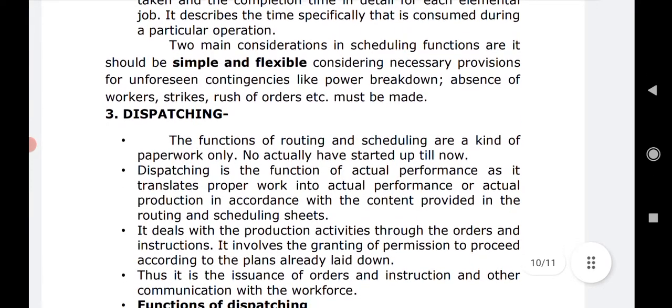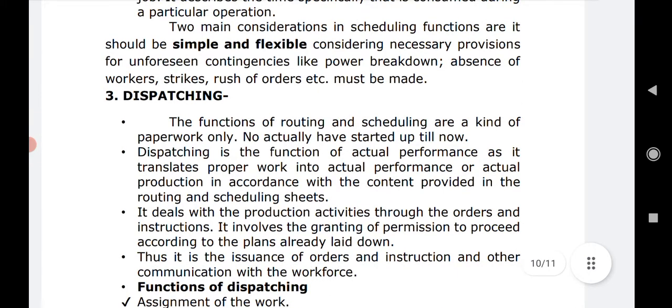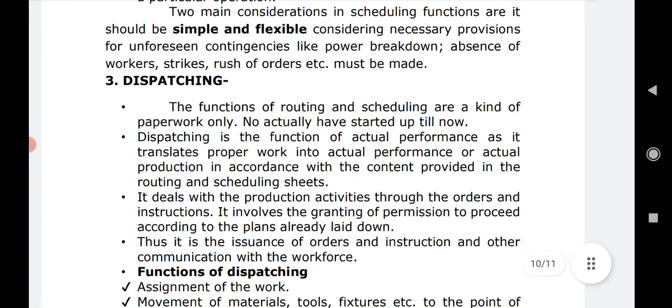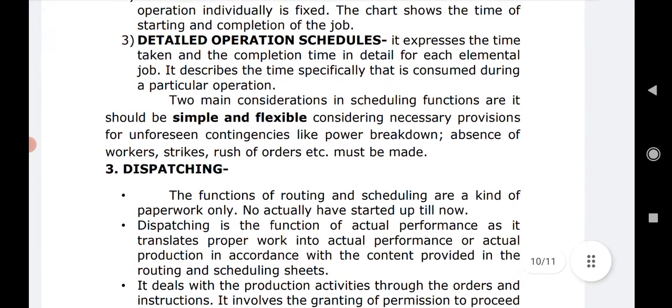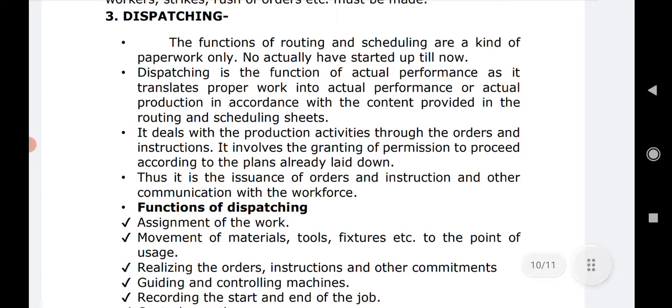Considerations like sudden power breakdown, workers not being present, strikes going on, or rush orders arriving, and how they will be managed, will change the schedule. That is what is known as scheduling, because it is related to the time taken to start and complete the work.